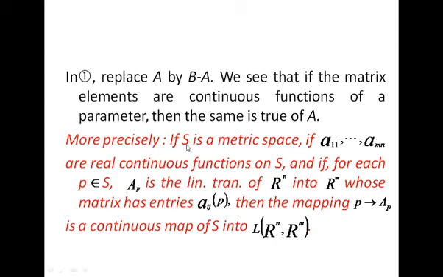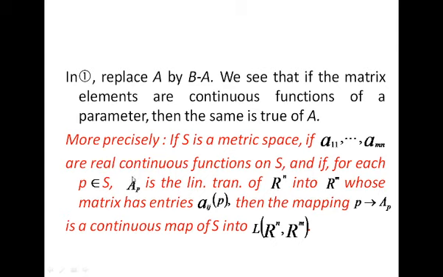Now for each small p in that metric space S, Ap is the linear transformation of Rn into Rm whose matrix has entries aij of p. That means you fix a point p in S, and correspondingly you get a linear transformation Ap from Rn into Rm. Someone else fixes another p in S and gets another linear transformation from Rn into Rm.